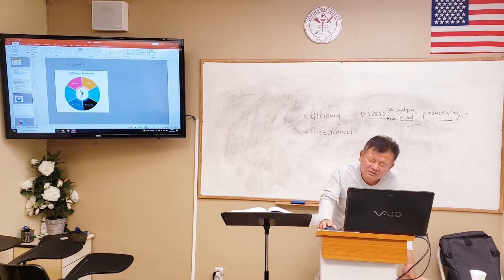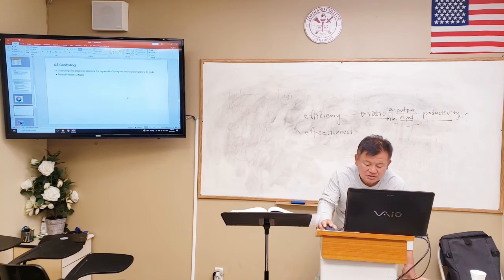There are many kinds of leadership style: coaching style, affiliative style, democratic style, command style, pace-setting style, and visionary style, or free rein style. There are many kinds, but I introduced just over six. Okay, let's move to control.